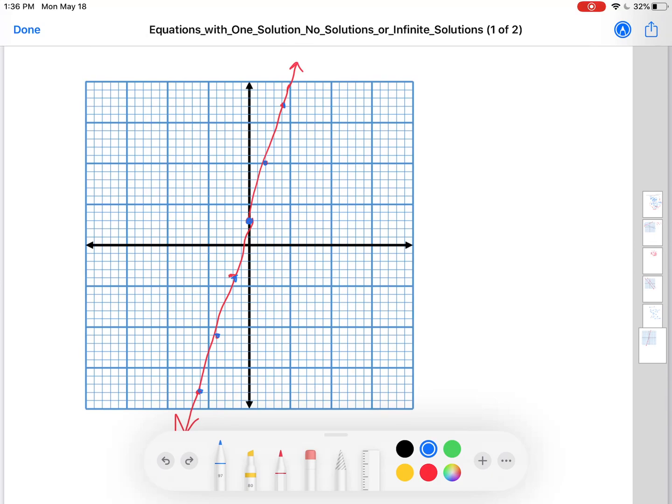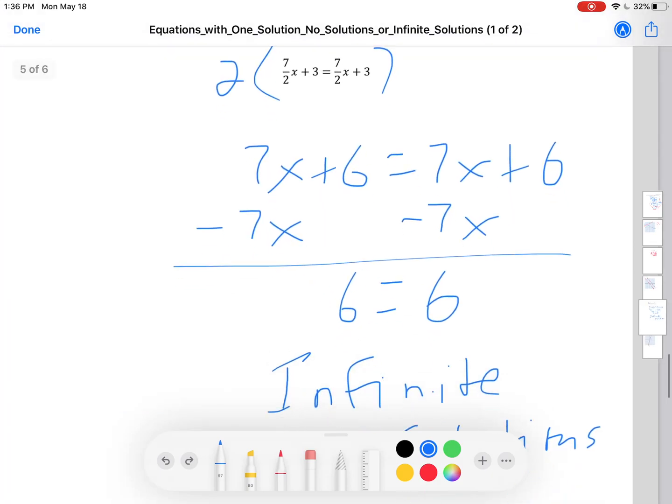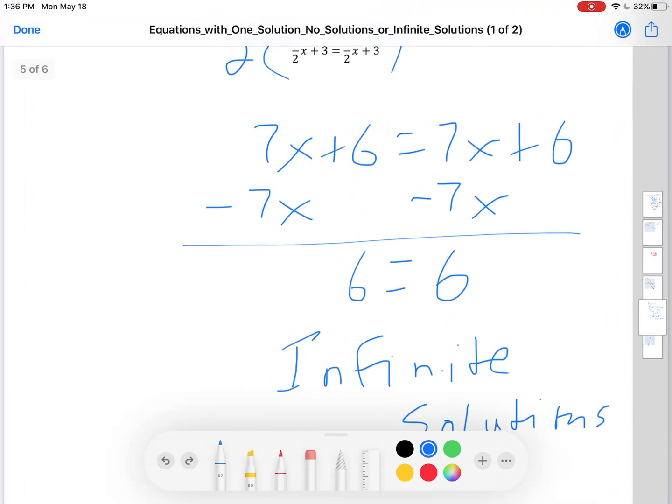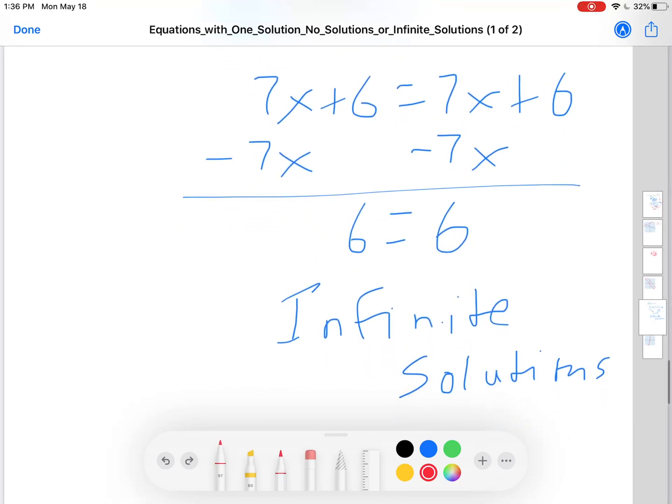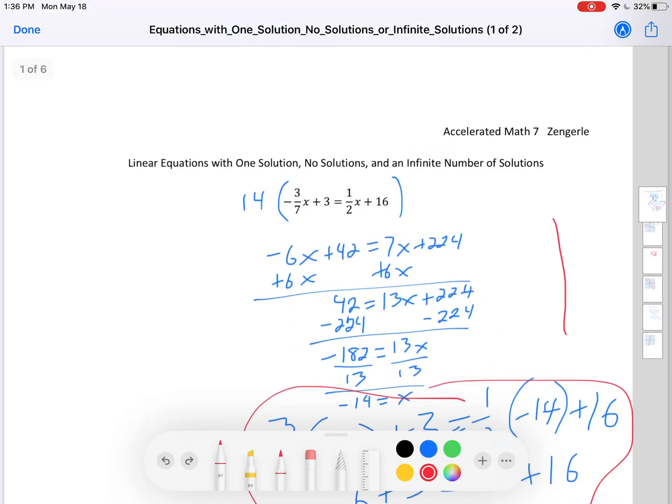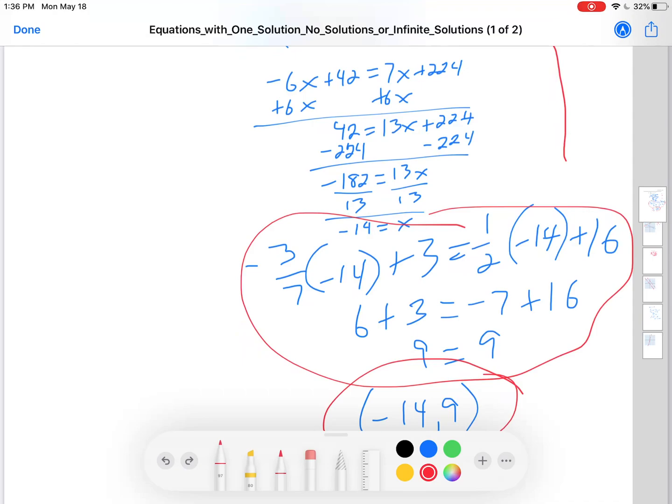It's not really two lines, it is one single line. How you know algebraically is you get a statement like this, 6 equals 6. When you get a statement where one number equals itself in the middle of your solving, you know it has infinite solutions.